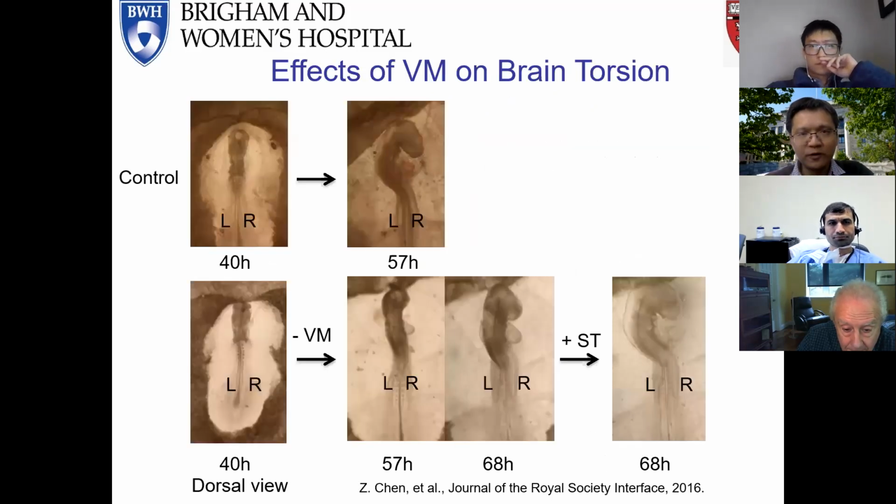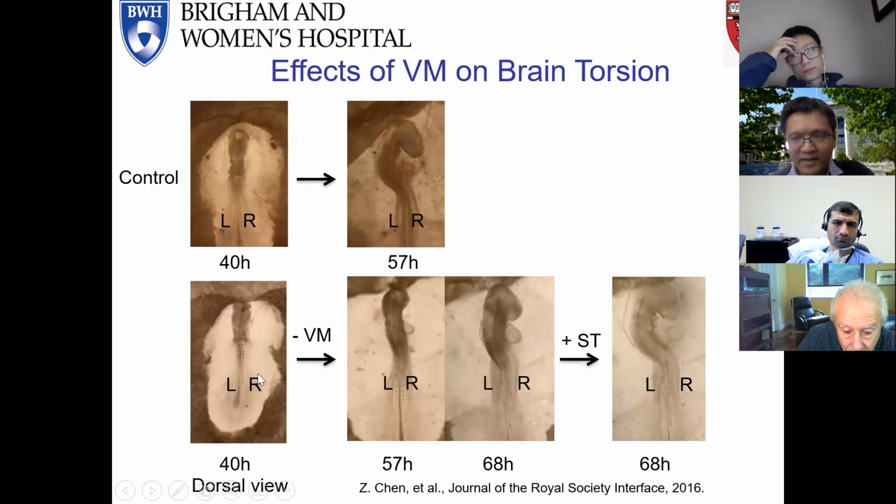So to test these, we performed experiments in which we removed the vitelline membrane after about 40 hours of cultivation. And so you can see that the vitelline membrane now is no longer covering this part of the brain, and the torsion is also much reduced as compared to an embryo at a comparable stage.